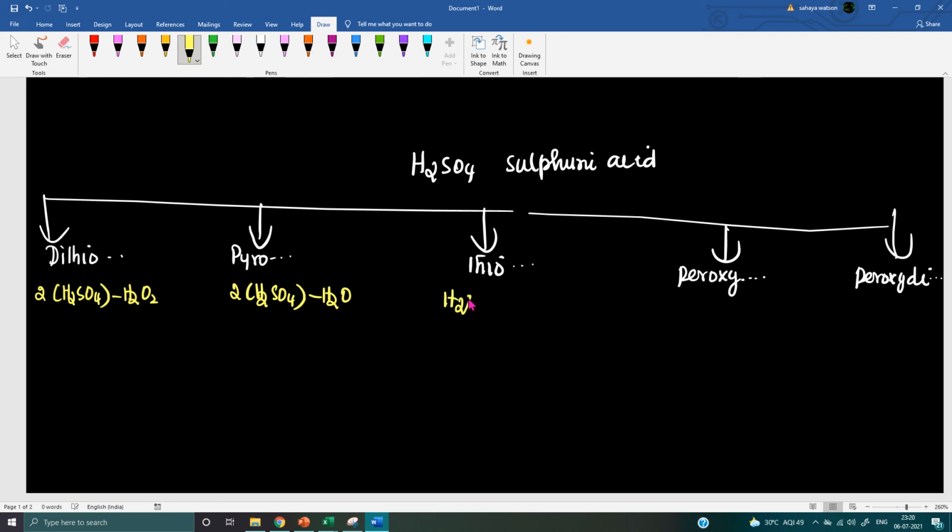Here the formula H2SO4 plus S minus O. Whereas here, what you have to do is H2SO4 plus O. One more O you have to add, since it is peroxy. Here, instead of H2SO4 you have to take H2SO5. H2SO5 minus H2O2. This is somewhat different, minus H2O2.